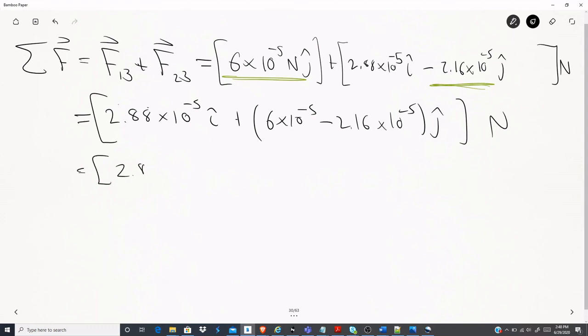What is 6 minus 2.16? Well, 6 minus 2 is 4. 4 minus 0.1 would be 3.9. 3.9 minus 0.06 would be 3.84. So this is 3.84 times 10 to the negative fifth j hat, in newtons.